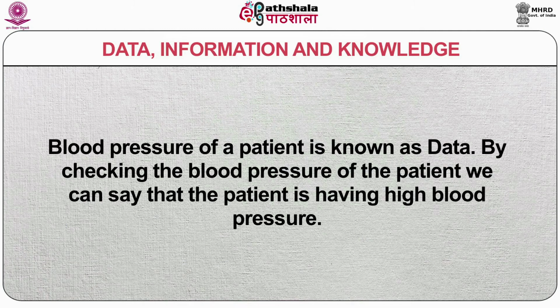We will clarify it with the help of one more example. The blood pressure of a patient is known as data. By checking the blood pressure of the patient, we can say that the patient is having high blood pressure. Then we can call this the information.